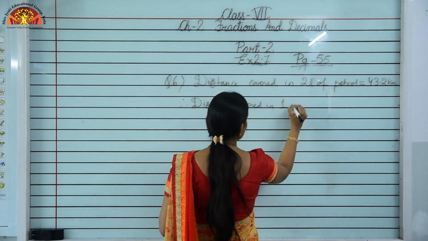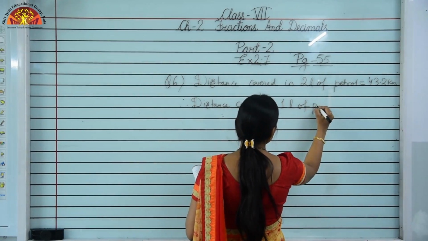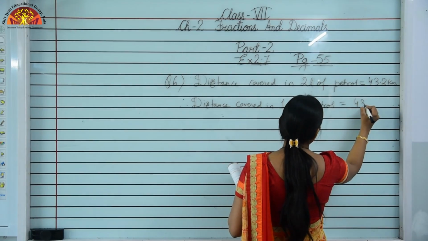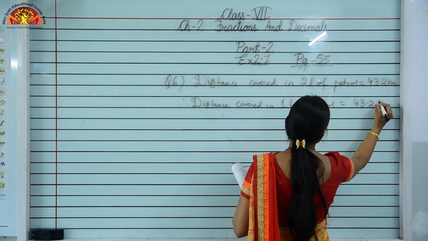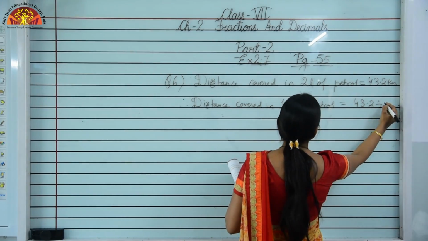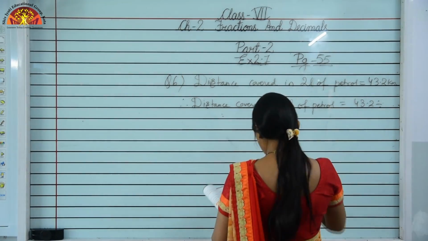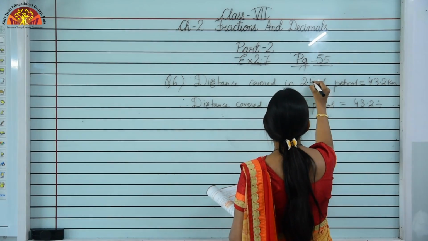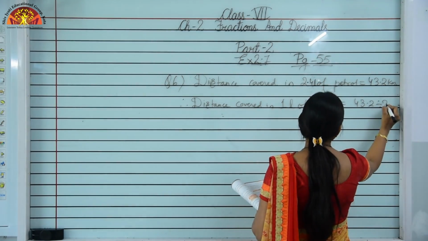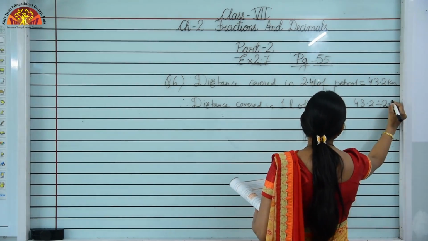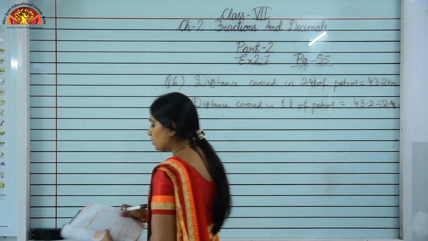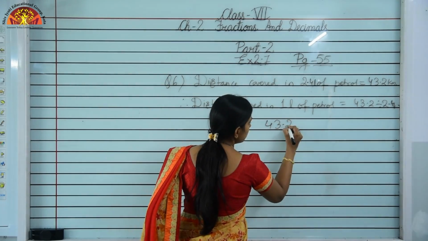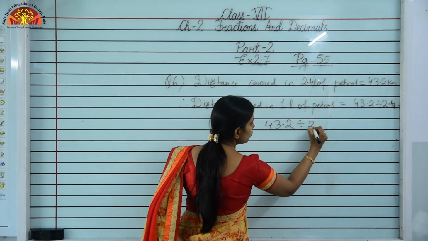in 1 liter of petrol is equal to 43.2 divided by 2.4 liters of petrol, 2.4 liters. So divided by 2.4. Now we can just divide it, that is 43.2 divided by 2.4.